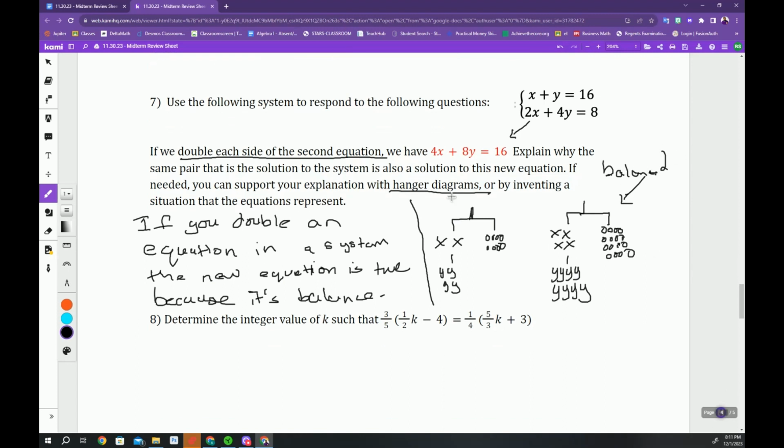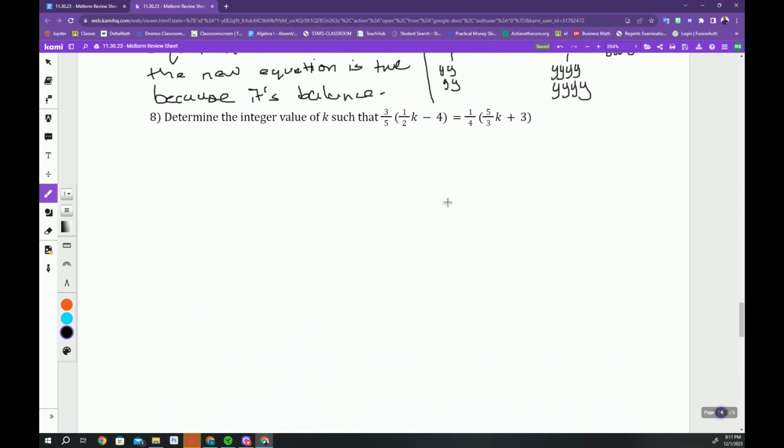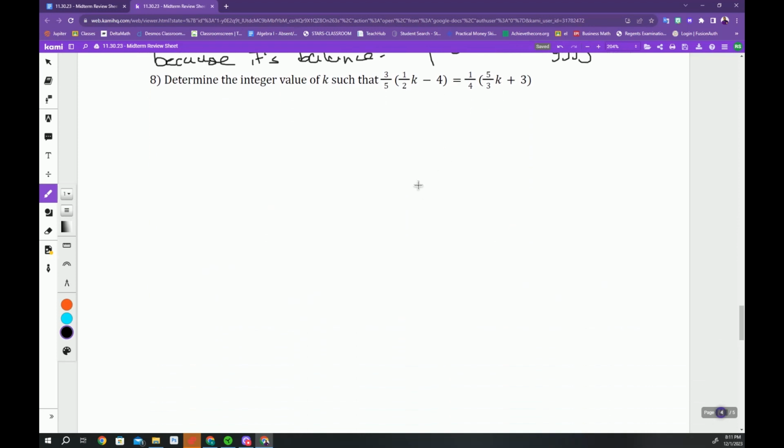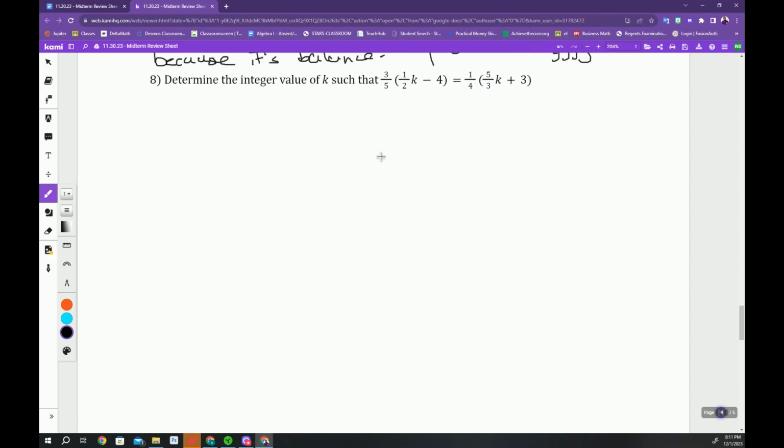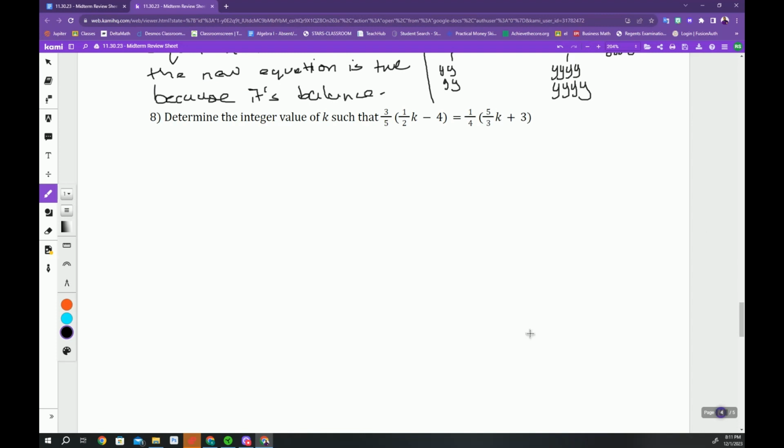Okay, let's talk about number 8. Number 8 is a long one, but we're going to talk about a way that we can get rid of these fractions so we can deal with it. Determine the integer values of k such that 3/5k times (1/2 k minus 4) is equal to 1/4 times (5/3 k plus 3).